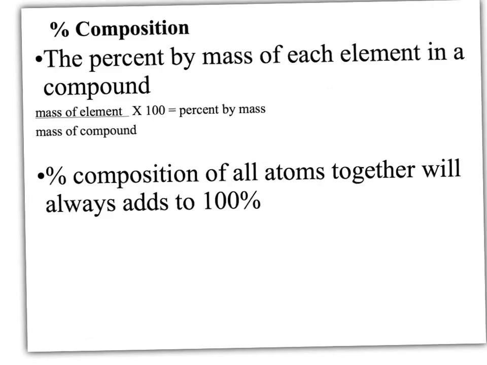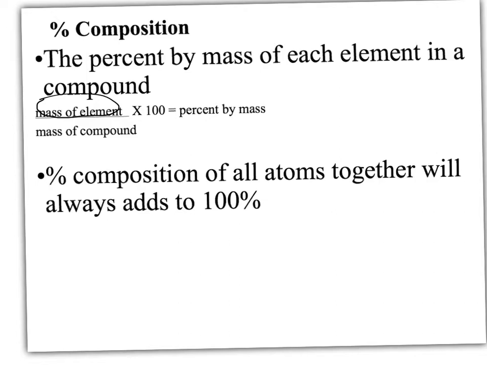All right, so percent composition is the percent by mass of each element in a compound. And this is the formula: mass of an element over the mass of the compound times 100. So it's the mass of the element in that compound, not like from the periodic table. It depends on how many are in that compound.